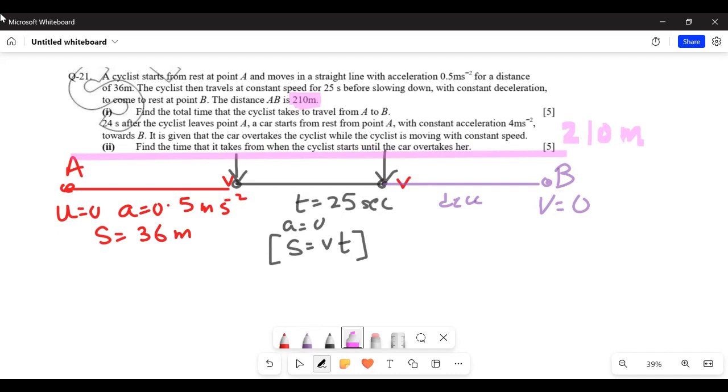Find the total time that the cyclist takes to travel from A to B. Okay, so we know the time here. ये तो 25 है. First part of the journey ka we can find the time easily because we already have 3 parameters. So U is 0, A is 0.5, S is 36.